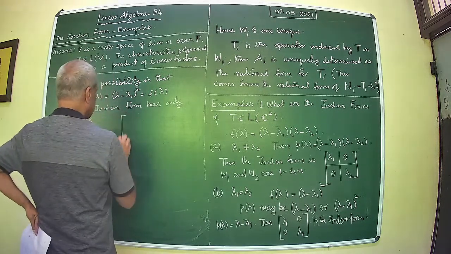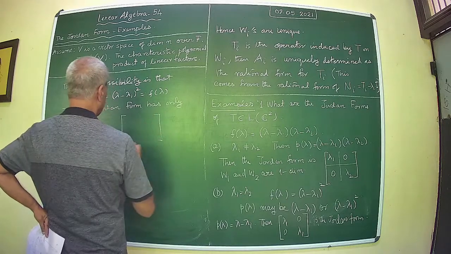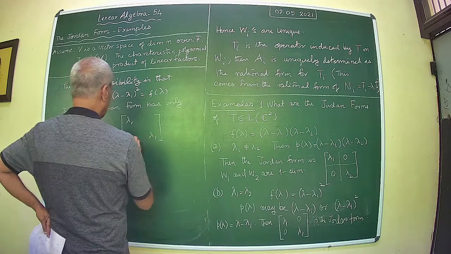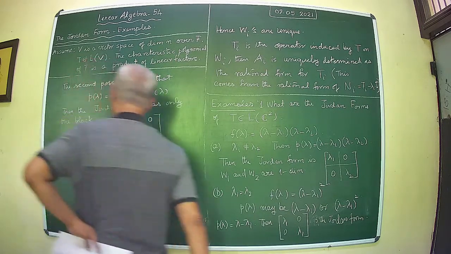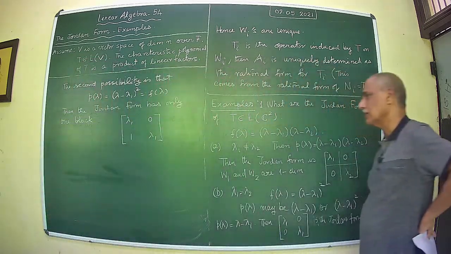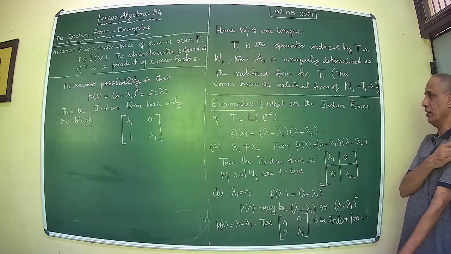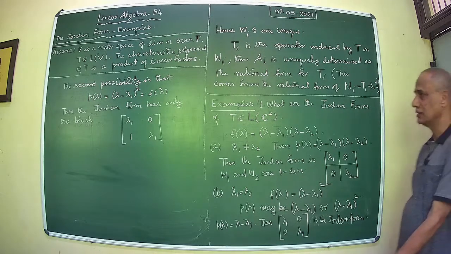And therefore that is given by lambda 1, 1. So these are the possible representations of a 2 by 2 operator on C.